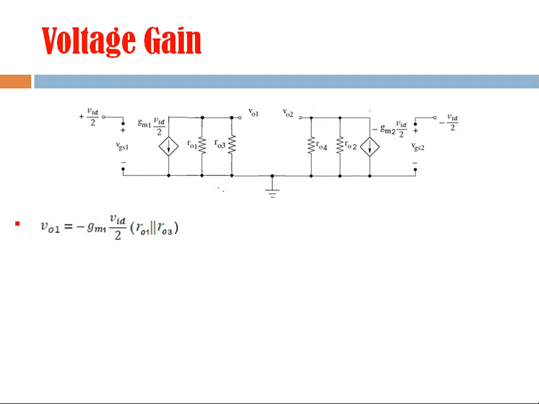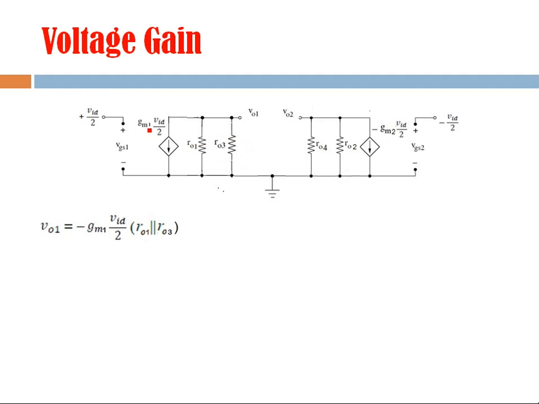So first see this output voltage, it will be given by this. The current here in this branch is proportional to this input voltage, and that is GM1 into VID by 2, right? And this current flows like this. So the voltage here is this current multiplied by the net resistance.